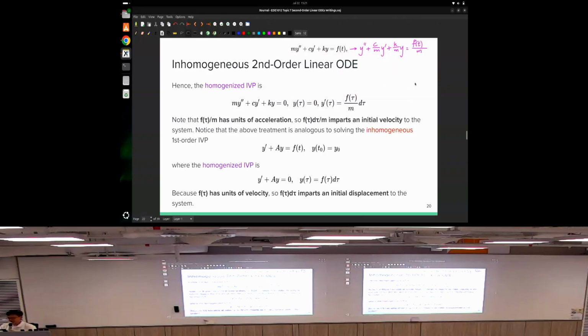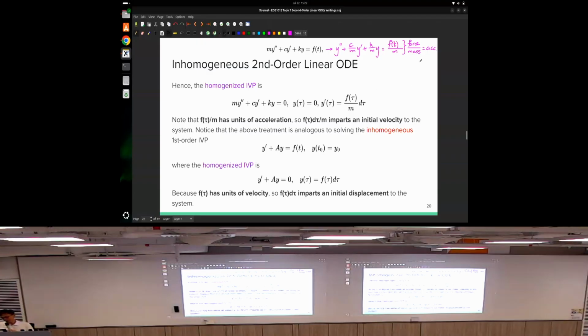F of t is a force. Force divided by mass equals acceleration. So what is F of tau over m times d tau?